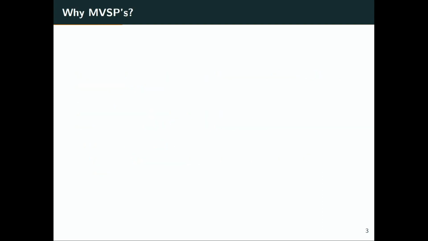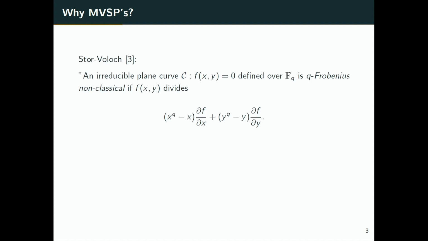So now I'll talk about the connections with algebraic curves. There's this paper from Stöhr and Voloch. They define what is a q-Frobenius non-classical curve. If you take a polynomial in two variables, x and y, and you consider the related affine curve, f(x,y) = 0, this curve is called q-Frobenius non-classical if the polynomial f(x,y) divides this expression.